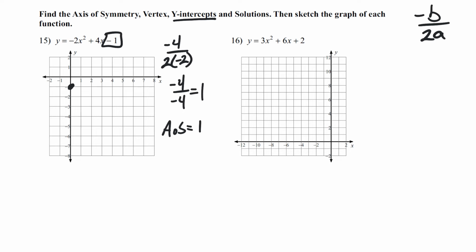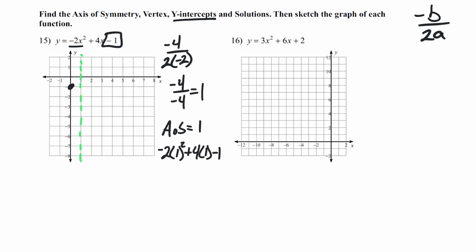So if I were to draw my axis of symmetry, that's where my vertex is going to fall. The way that I find my vertex is I just simply plug in 1 to the equation up here at the top. So it's negative 2 times 1 squared plus 4 times 1 minus 1.